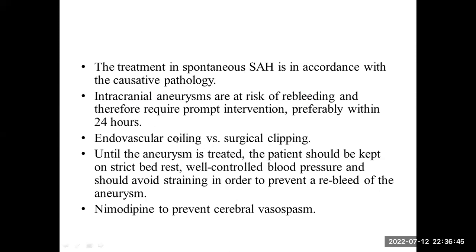The type of surgical intervention can be either endovascular coiling by a neuroradiologist, or surgical clipping, and here it's performed by a neurosurgeon. We're not going into details of these surgical procedures, but these are the two procedures which can be considered if you are dealing with subarachnoid hemorrhage due to ruptured perianeurysms: either neuroradiological coiling by a neuroradiologist or surgical clipping by a neurosurgeon.